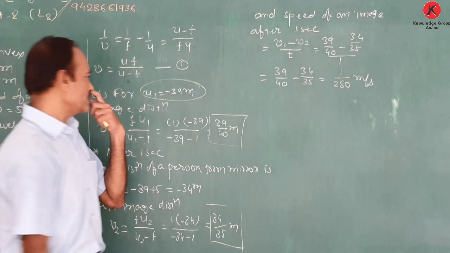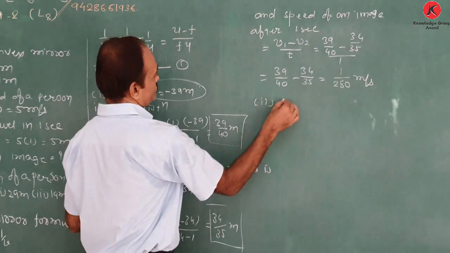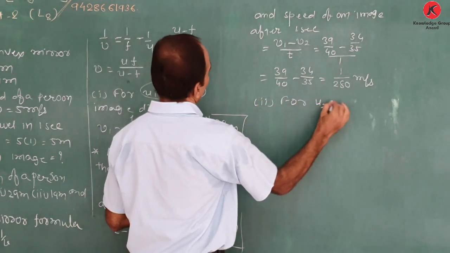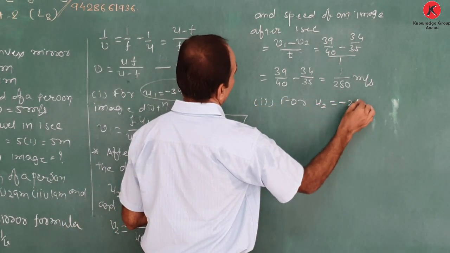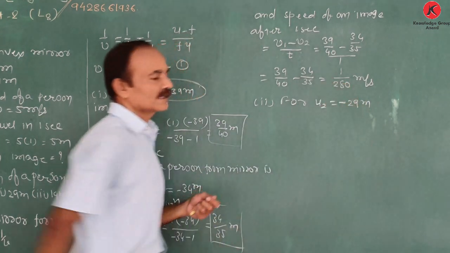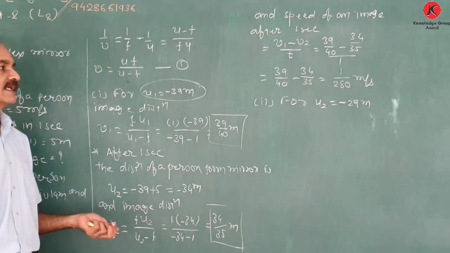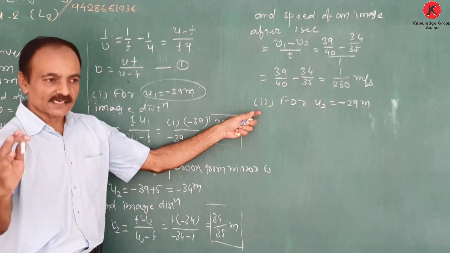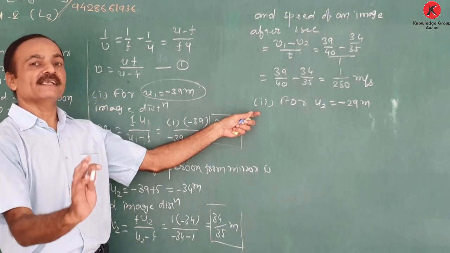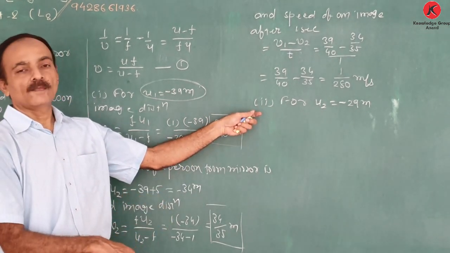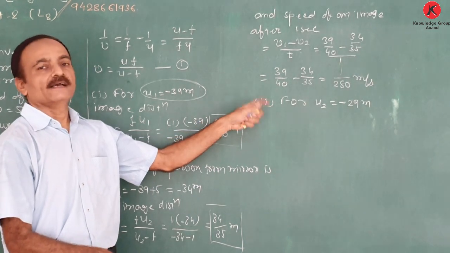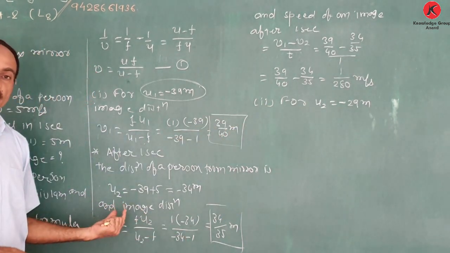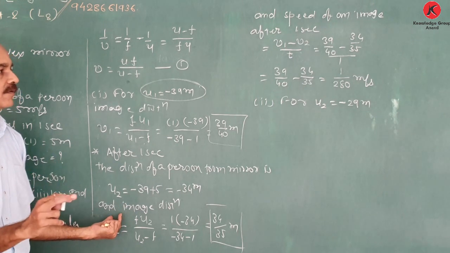Now, in a similar way, for u equal to minus 29 meter. That means when the running person is at 29 meter distance from the mirror of the car, what is the speed of the image?